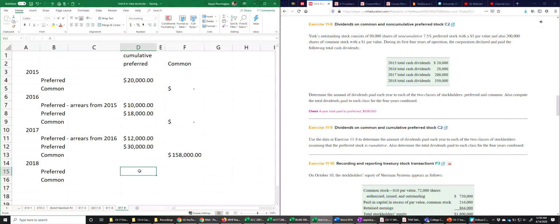So the first 30,000 goes to the preferred shareholders, and the difference goes to common. It asks for a total here, so we can definitely do that.